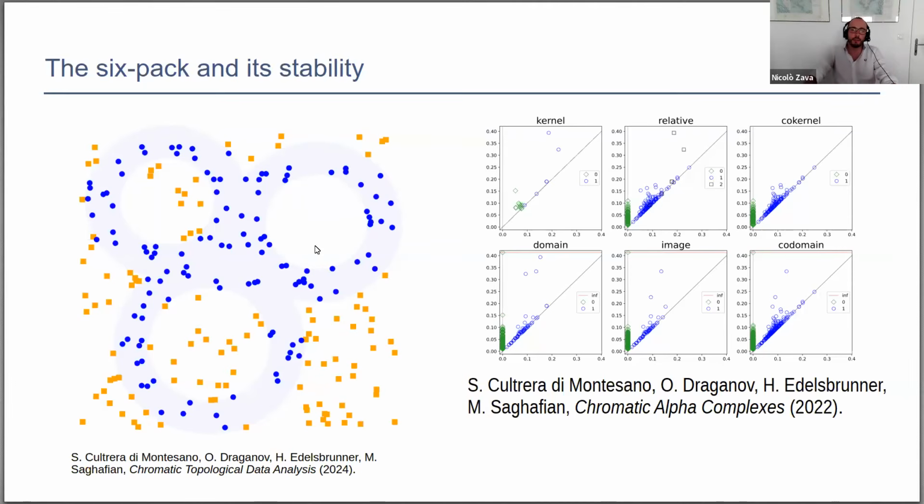For example, they wanted to see the difference between these three loops. The first one is empty. In the second one, there are a bit of orange points inside, but leaving quite a consistent chunk of white space. The third one is a bit more mixed.